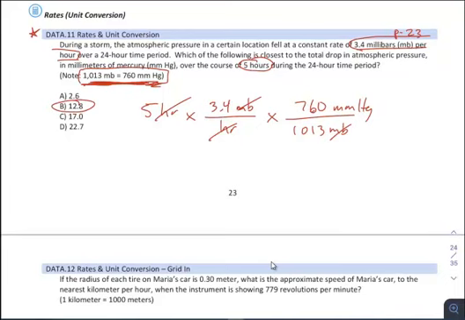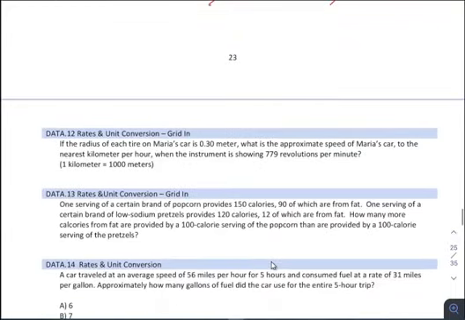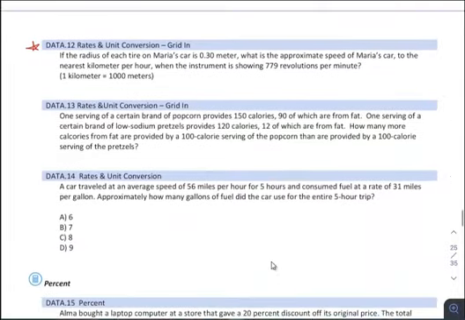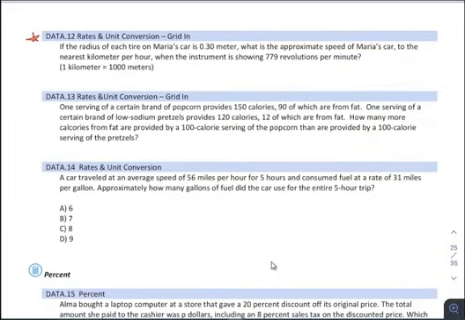All right, I want you to try the next problem here. This one is as difficult as it gets for the unit conversion. So if you struggle on this, don't worry. We'll do one more after this.